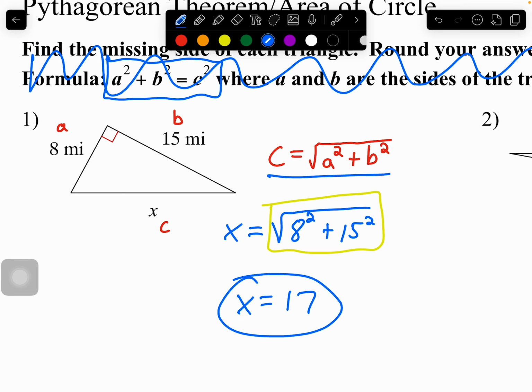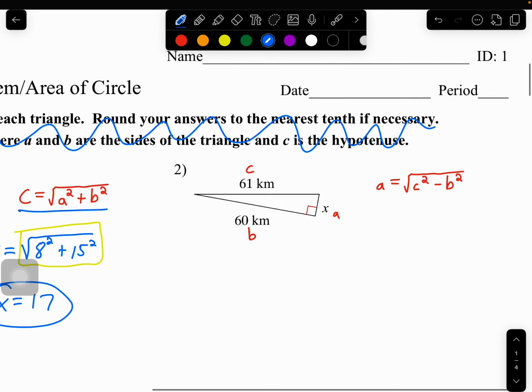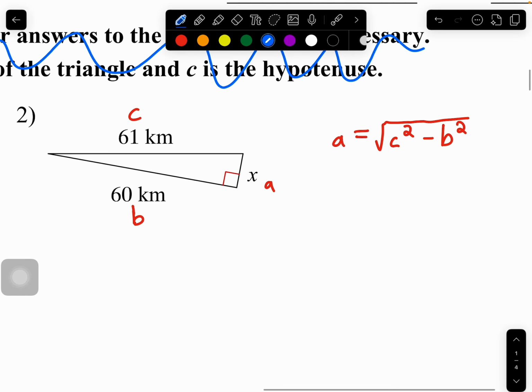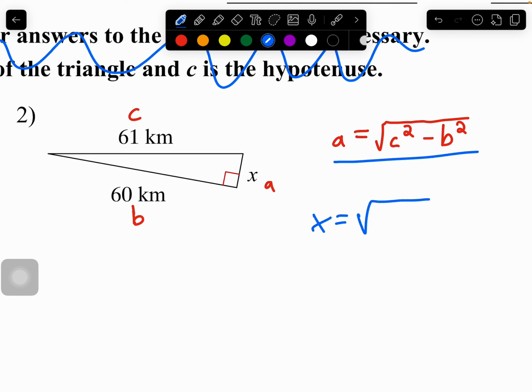Cool. All right. So some of the other ones are changed a little bit. X here is actually the A side. So I changed it up, but you're just plugging in numbers into where they go. So if X is A, it's going to be X equals the square root of C squared.